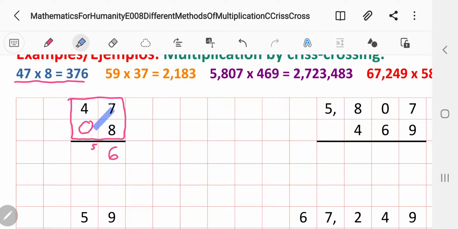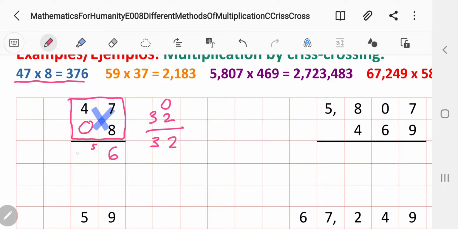We multiply: 7 times 0 would be 0. And then we do the multiplication of 8 times 4, and that is 32. Then we add them. That's 0 plus 2 is 2, and then you have 32 here. And we write that here.